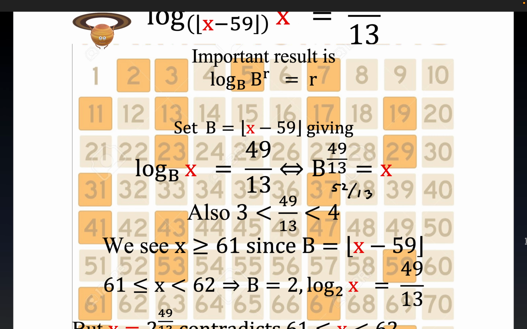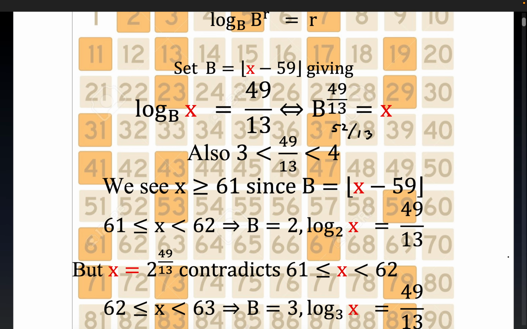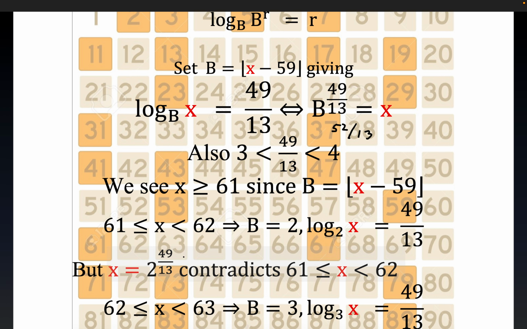Now notice that 2 to the 49 over 13 is less than 16, because remember, this exponent is almost 4. So it contradicts the interval we're talking about, and we rule that out.